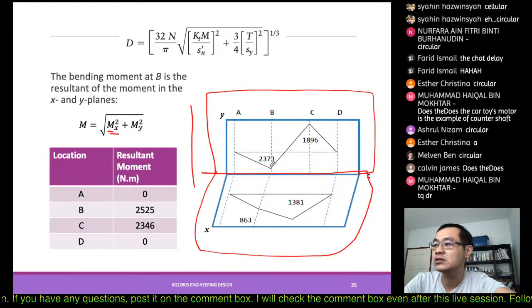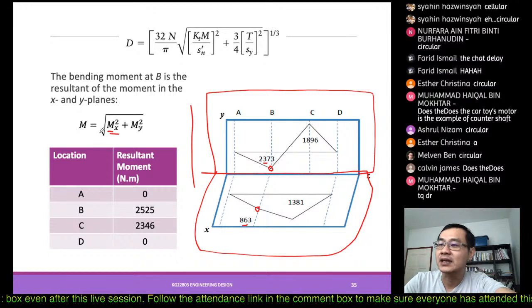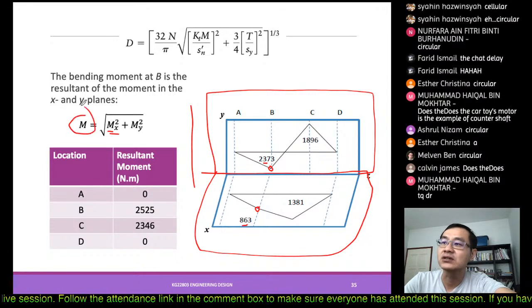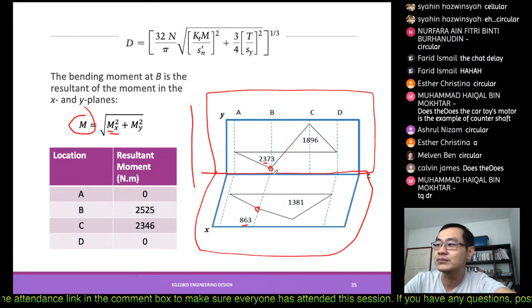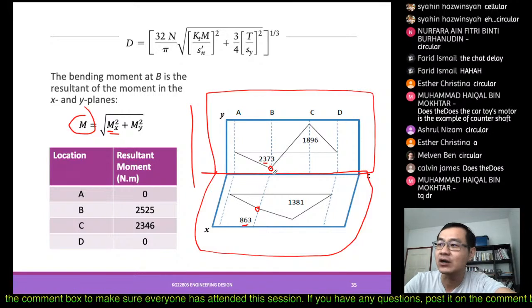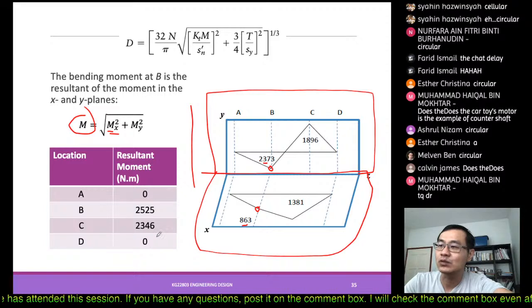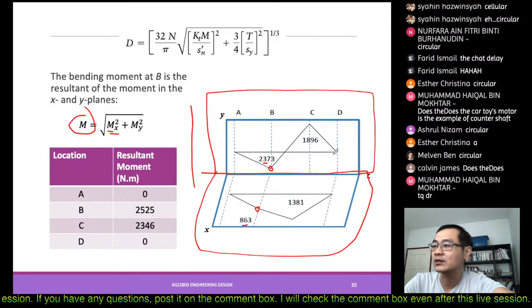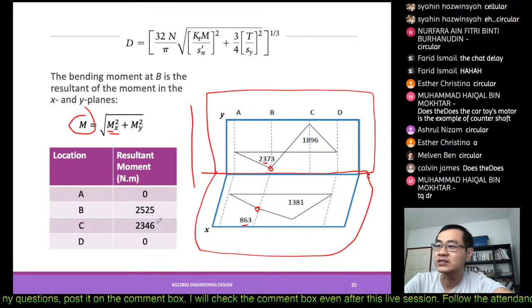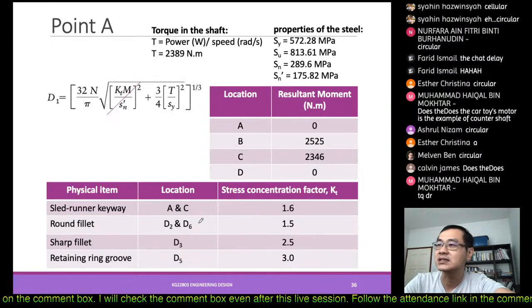If we take point B, we take this value and this value, square them and take the square root, to find the resultant moment acting at location B. If we calculate, this is what we get: 0 at both ends, and a resultant moment at B and C.